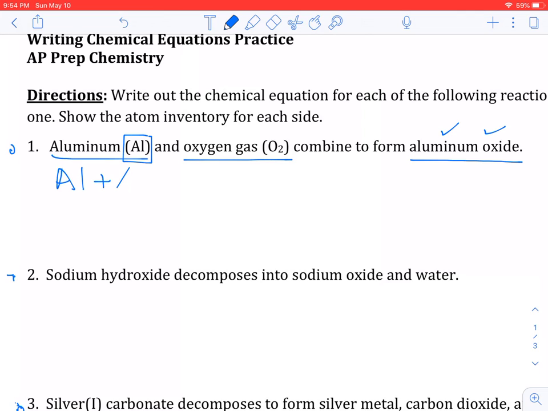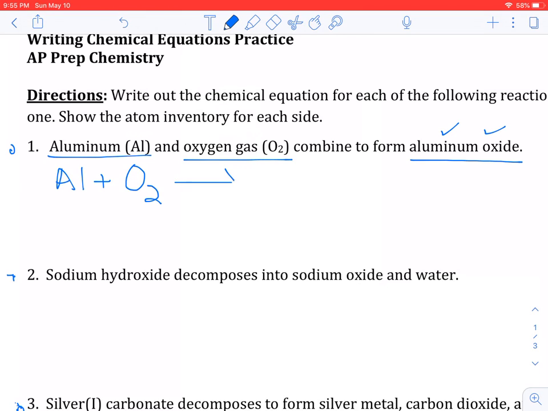And if I wasn't given the formula, I would look and it would be one of those special nonmetals that forms the diatomic version. Oxygen is always O2.